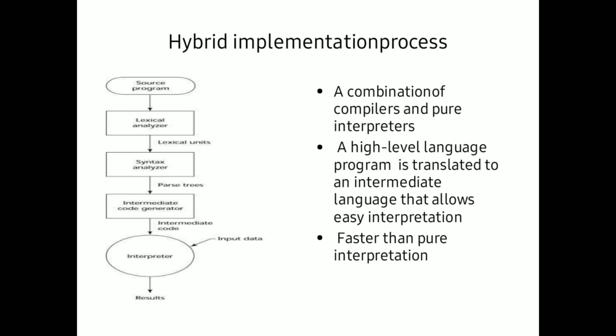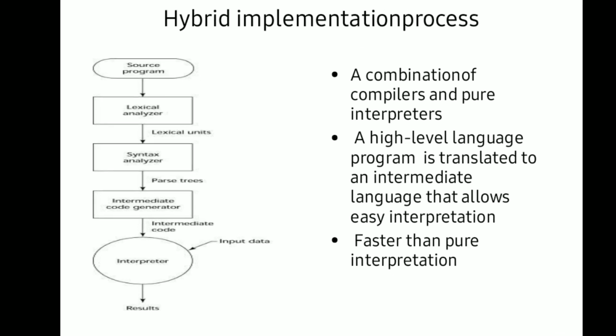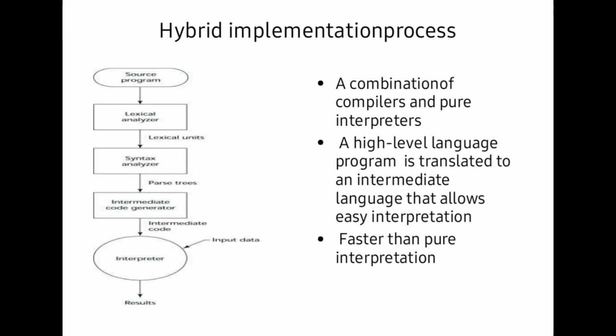Now the other one is the hybrid implementation process. The hybrid implementation process is a combination of compilers and pure interpreters. Here is the diagram which represents hybrid interpreters, which contains the source program and lexical analyzers, which produce lexical units, and lexical units are put into syntax analyzers.